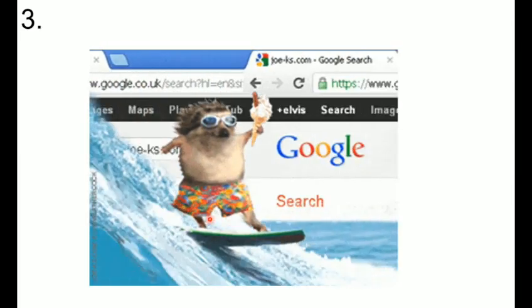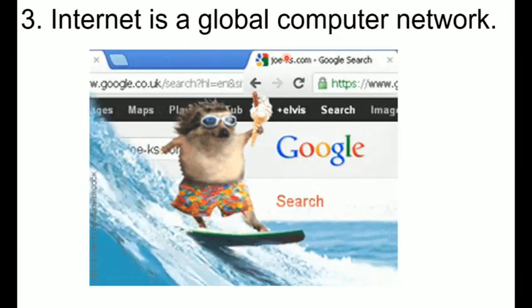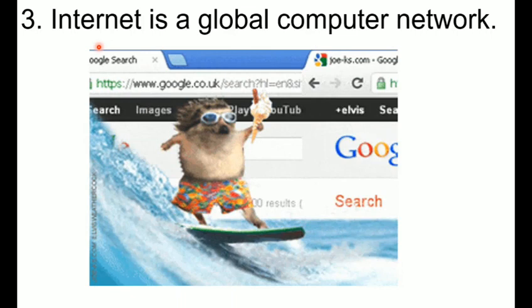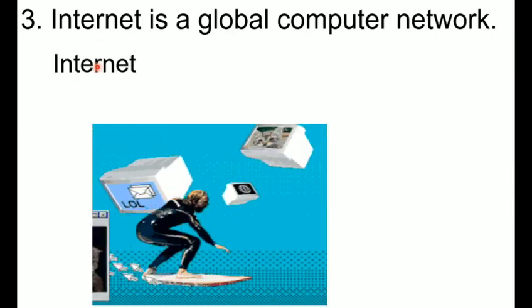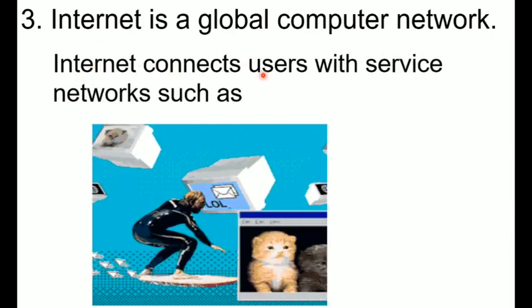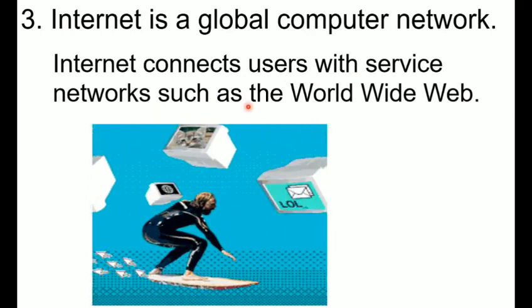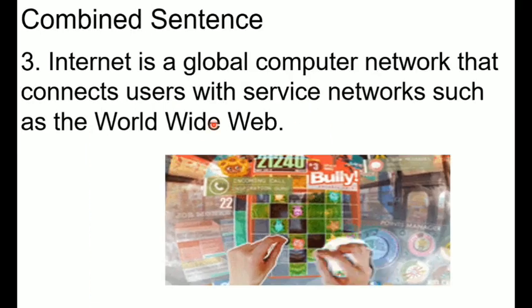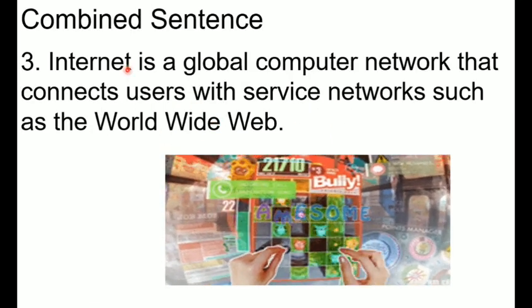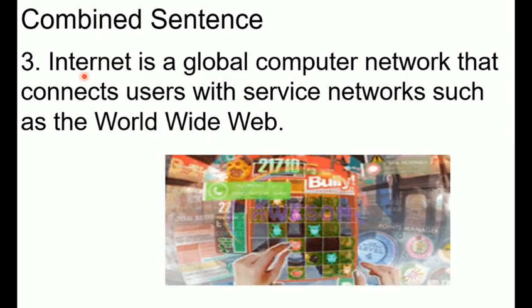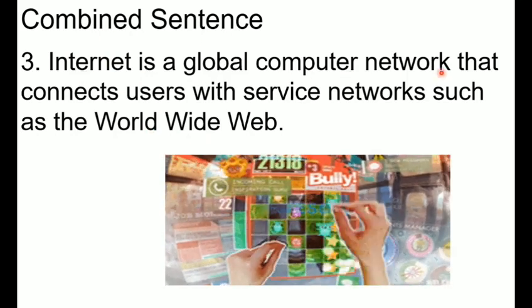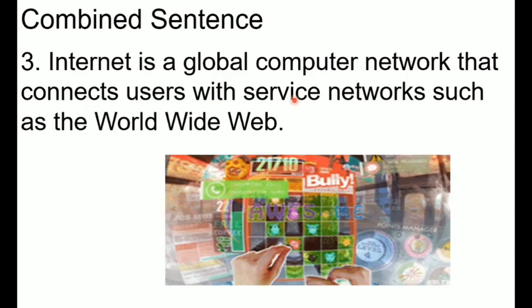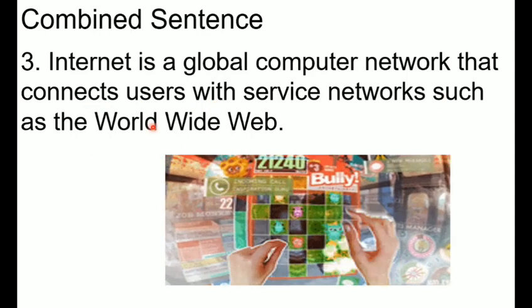Number 3. Internet is a global computer network. First sentence. Second sentence: internet connects users with service networks such as the World Wide Web. Okay. Possible answer for combined sentence: Internet is a global computer network that connects users with service networks such as the World Wide Web.